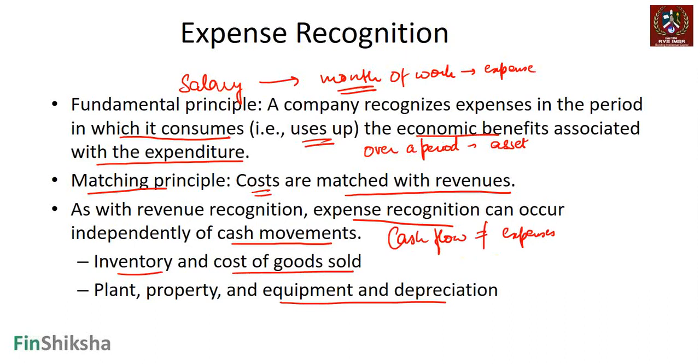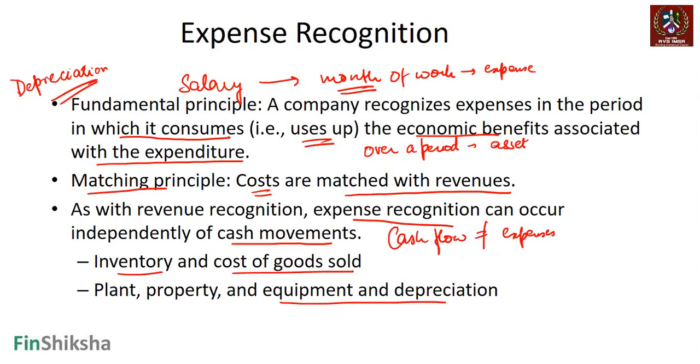Now, when you're looking at expenses, there are two or three major headers which we need to be careful with. One we have already seen in detail, which is around depreciation, which is how you go about calculating depreciation. Depreciation could be straight line, it could be written down value. Sometimes you also use a method called accelerated depreciation, in which depreciation is much bigger in the first few years and then smaller in the subsequent years that follow.